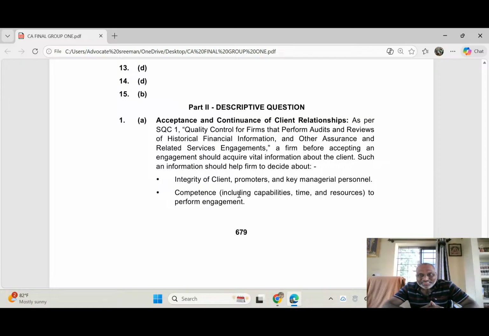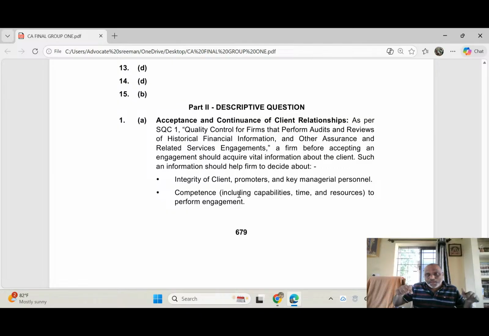See, acceptance and continuance of the client relationship as per SQC 1, Quality Control for Firms that Perform Audits and Reviews of Historical Financial Information and Other Assurance and Related Services Engagements.